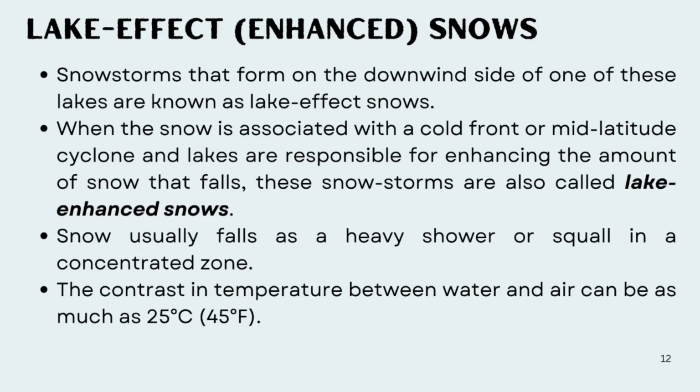Snowstorms that form on the downwind side of one of these lakes are known as lake effect snows. Since the lakes are responsible for enhancing the amount of snow that falls, these snowstorms are also called lake-enhanced snows, especially when the snow is associated with a cold front or mid-latitude cyclone.